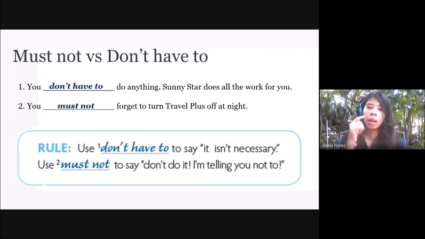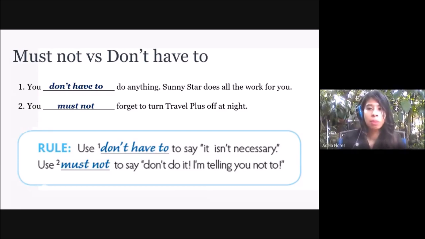Okay. Entonces, cuando decimos don't have to, es literalmente no tenés que. No tienes que hacer nada, for example. Entonces, es que significa que no es necesario. Quiere decir que sí se puede, pero no es obligación. No es necesario hacer algo.